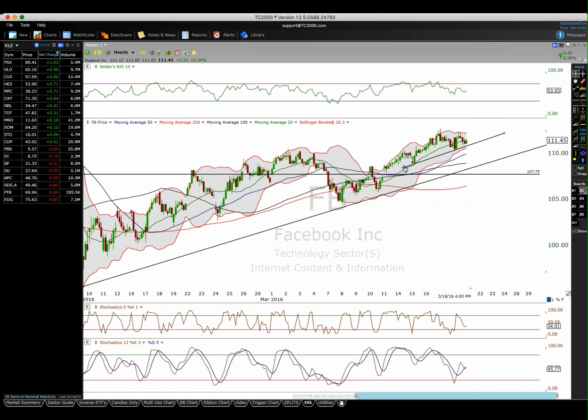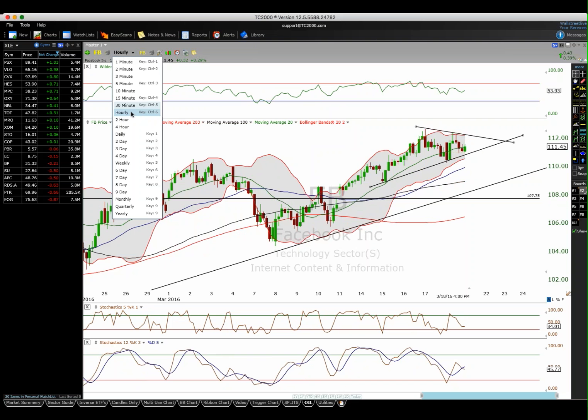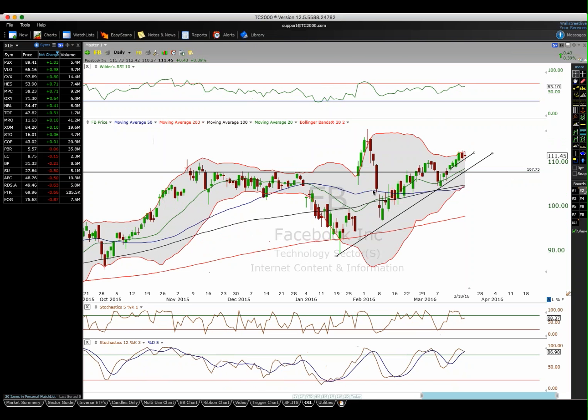As long as this is your high and this is your lower high, as long as you're not making it over that, you're staying in a downtrend pattern. The minute you cross over that, you will be going to an uptrend pattern. Does that help you on Facebook?